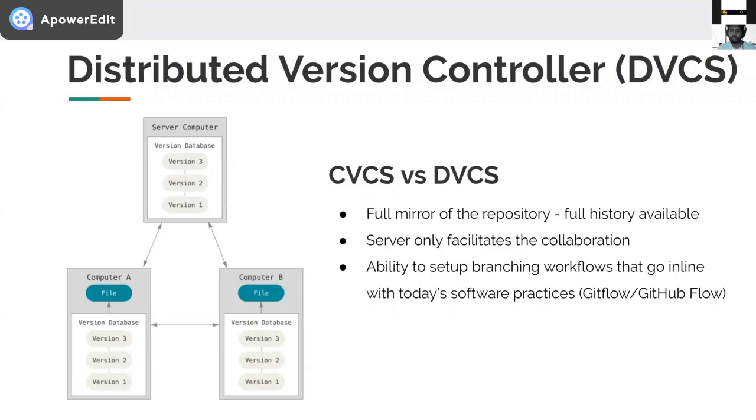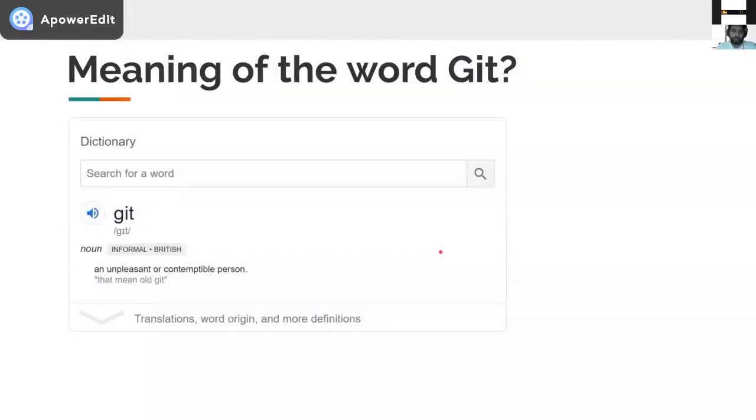There are branching workflows such as Git flow and GitHub flow, which I will not be covering in this webinar. But anyway, these approaches can be taken when you're using a distributed version control system.